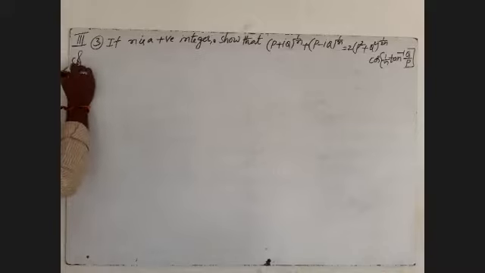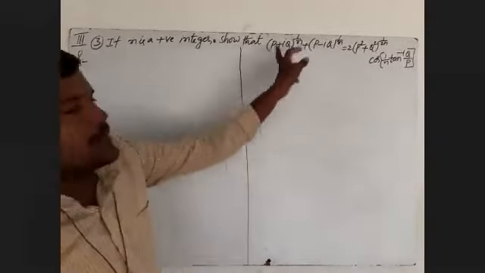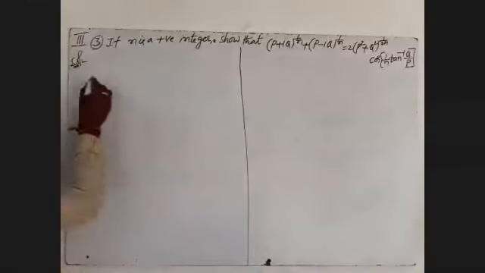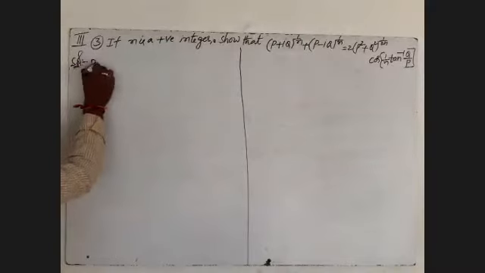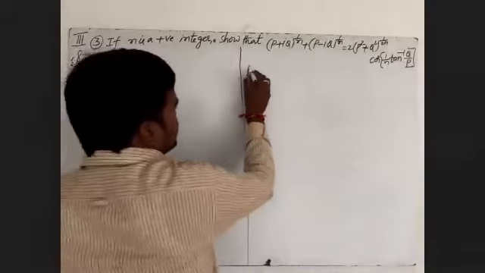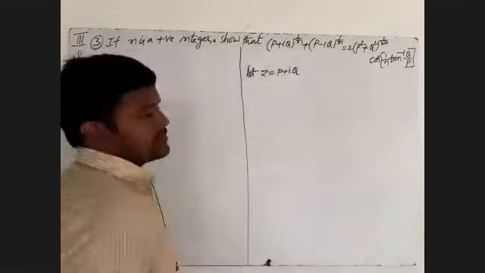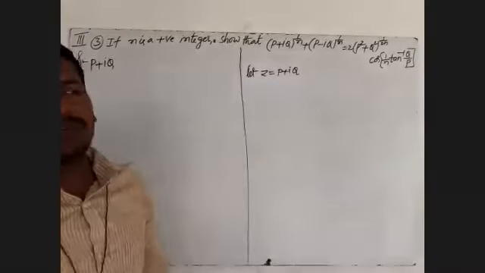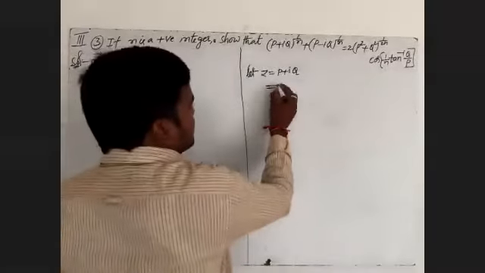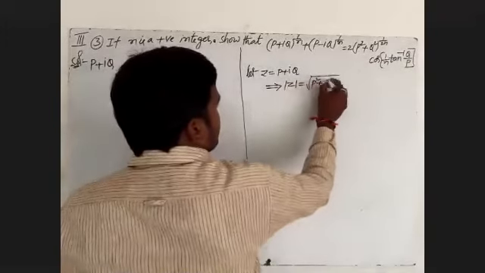First we'll take p plus iq. Let z is equal to p plus iq, then mod z is root of p square plus q square.